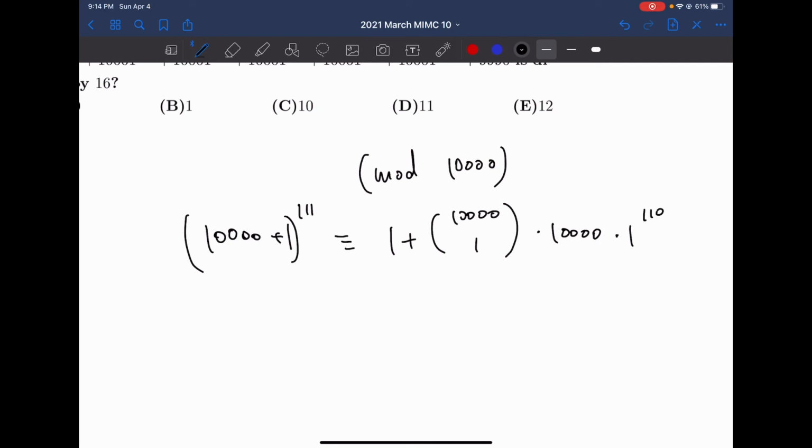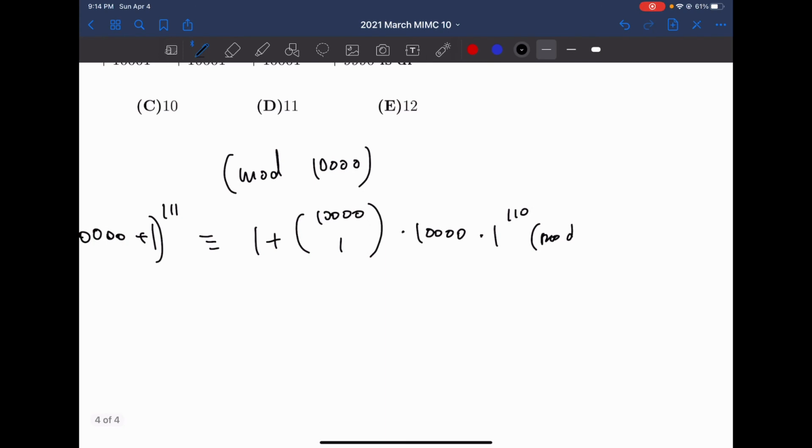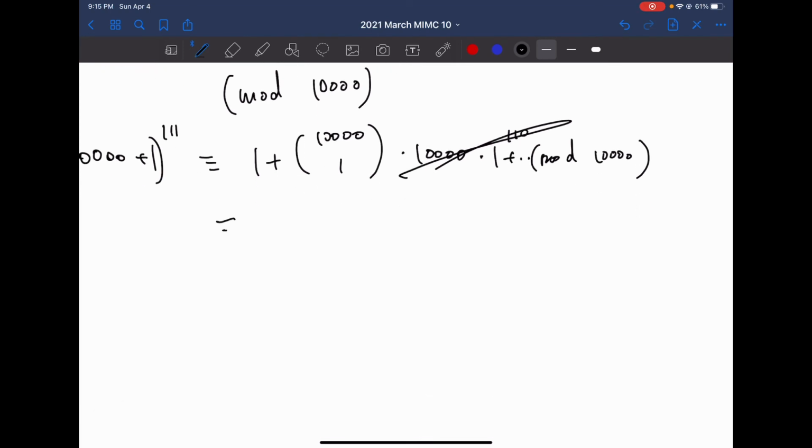And that would just cancel out when I mod it by 10,000. So anything after that would be canceled out. So that would just be 1 mod 10,000.